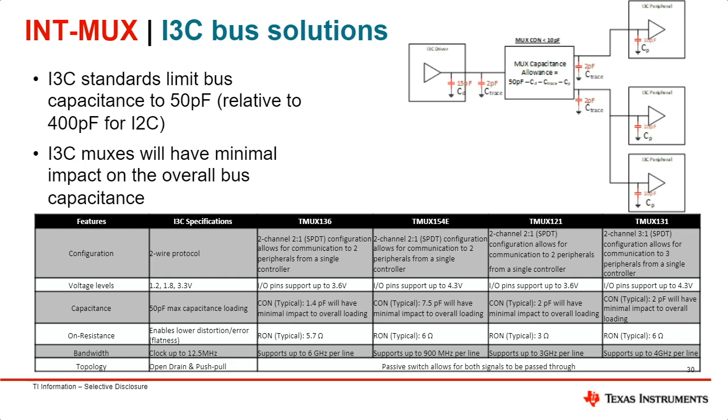Since the limit of the bus is only 50 picofarads, you'd like the multiplexer to also have low capacitance. For example, the TMUX136 has 1.4 picofarads, and the TMUX121 and TMUX131 have 2 picofarads. So very low capacitance, and all of these devices are suitable for I3C applications.